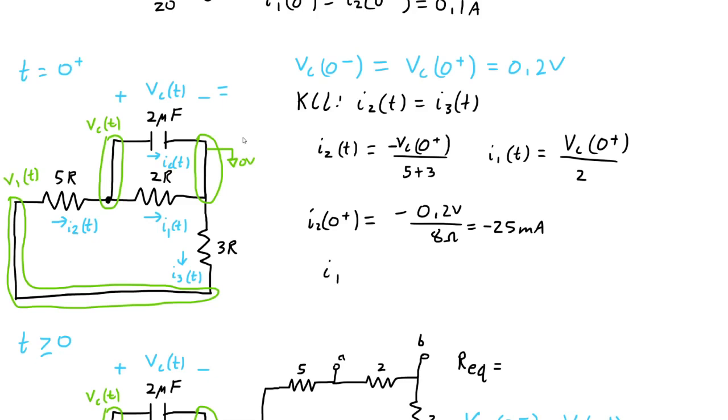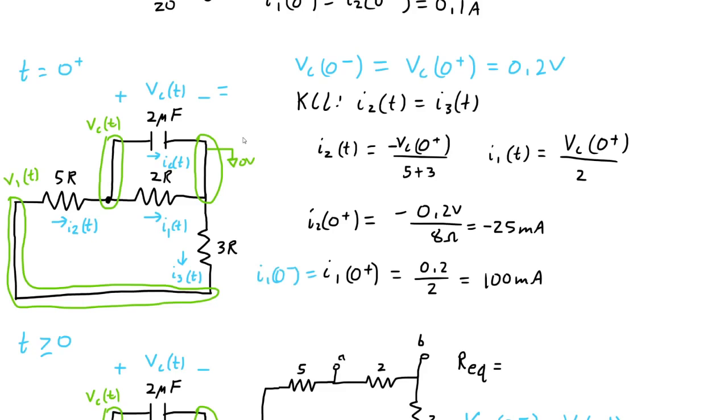So to find I1(0+), it's just VC(0+), so 0.2 volts divided by 2 ohms, which is 100 milliamps. Now notice that I1(0-) equals I1(0+).